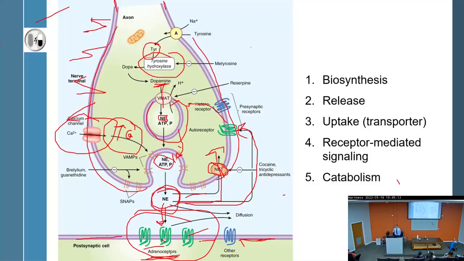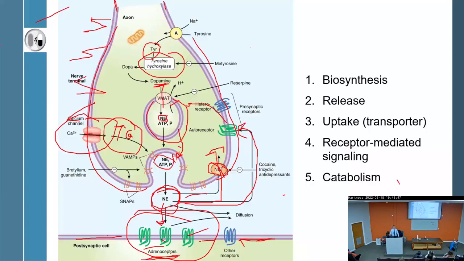So the neurotransmitter can act on the receptors on the postsynaptic membrane, and it can be subject to reuptake, coming back, and then recycled in the process, put inside the vesicles, and then come back. There will be release of stimulation, or they can act on those autoreceptors that are usually inhibitory, like a negative feedback.